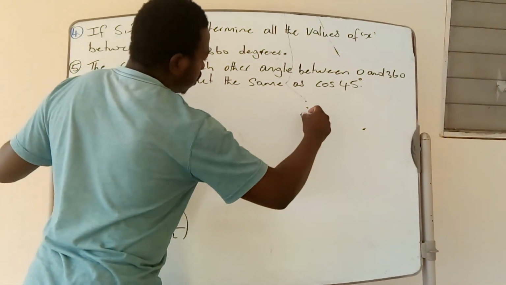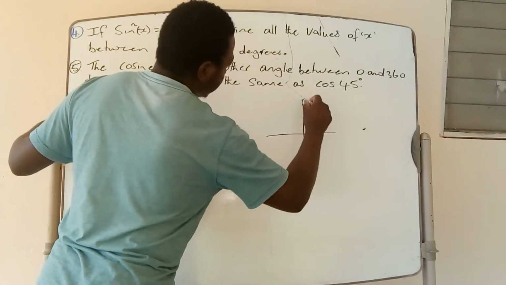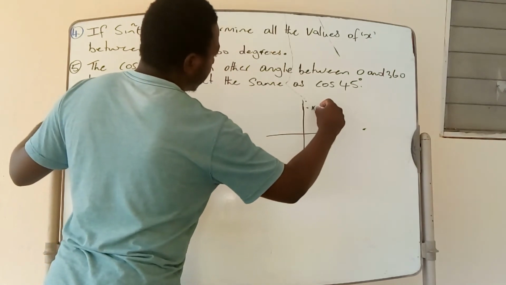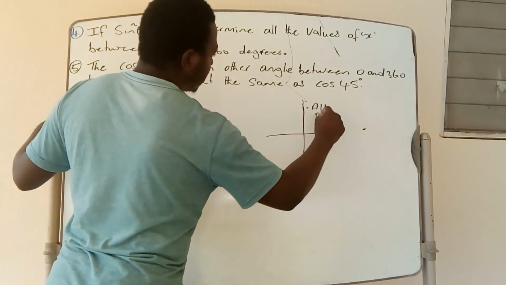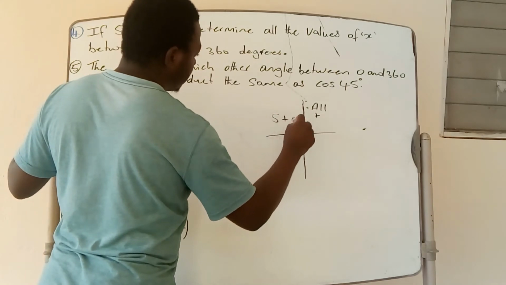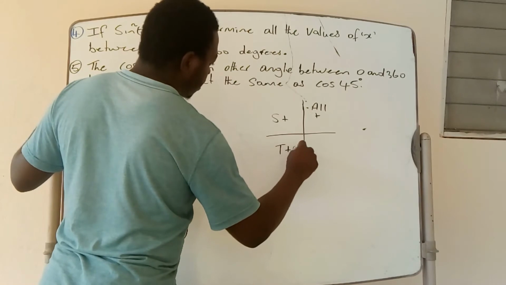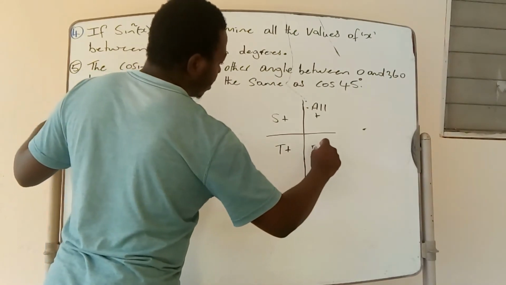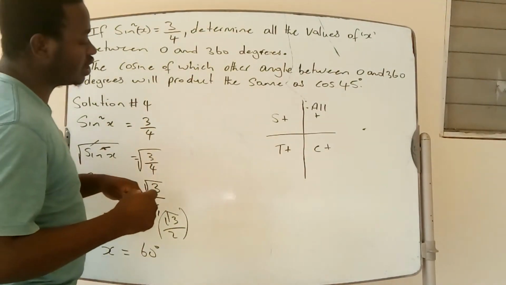What I am going to do is to draw the 4 quadrants, right? So this is quadrant 1, where all of sine, cos, and tangent are positive. Quadrant 2, sine alone is positive in this quadrant. Quadrant 3, tangent alone is positive. And quadrant 4, cos alone is positive in this quadrant.